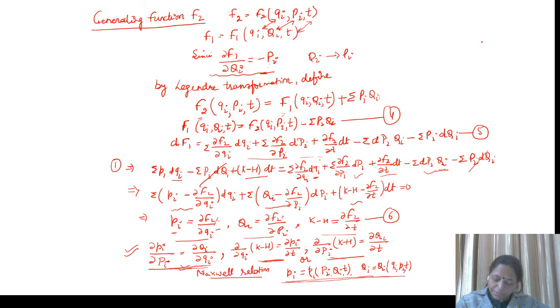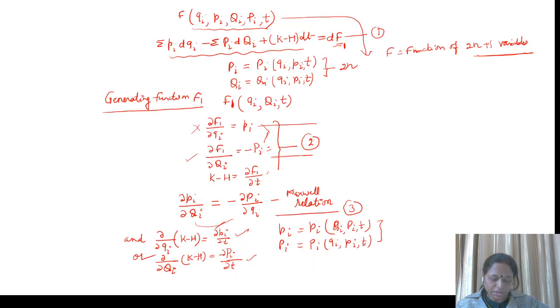Now similarly, we can define one another generating function with the help of this relation. So first I write down what will be the third generating function. That generating function will be F3.